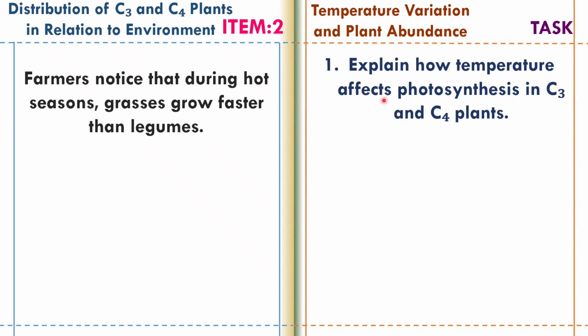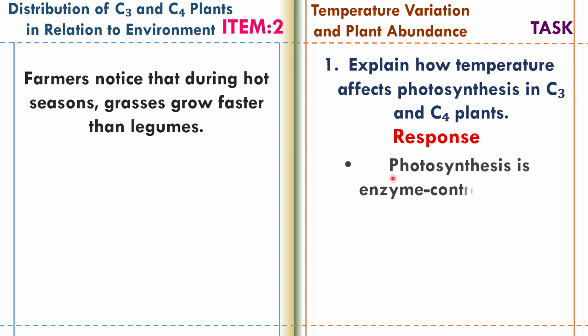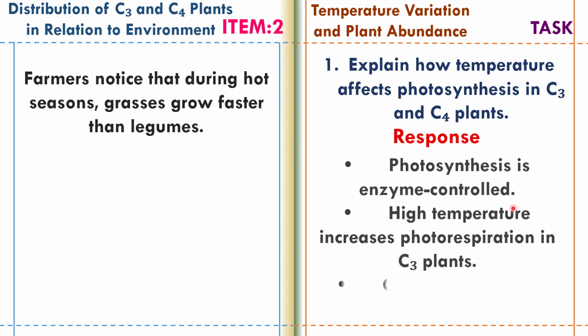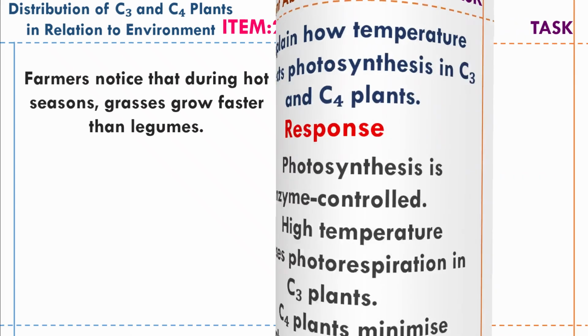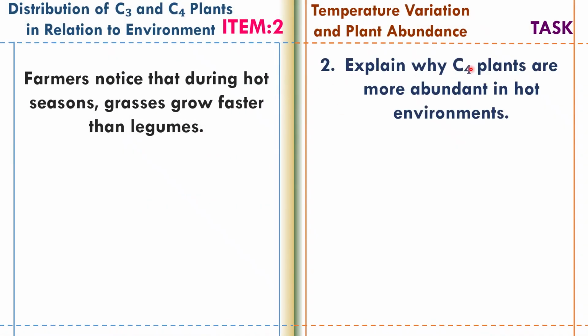Explain how temperature affects photosynthesis in C3 and C4 plants. Photosynthesis is enzyme controlled. High temperature increases photorespiration in C3 plants. C4 plants minimize photorespiration. Explain why C4 plants are more abundant in hot environment.